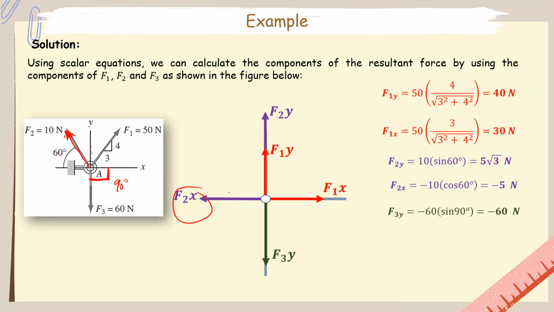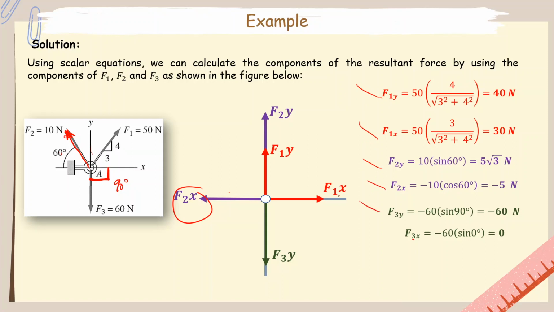So, F3x, negative 60 cosine of 90, or sine of 0, is 0. Okay, so therefore walang horizontal component si F3. Okay, so ito lang yung present na mga components.